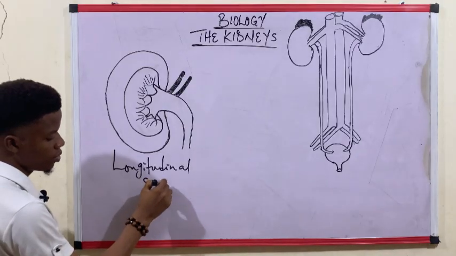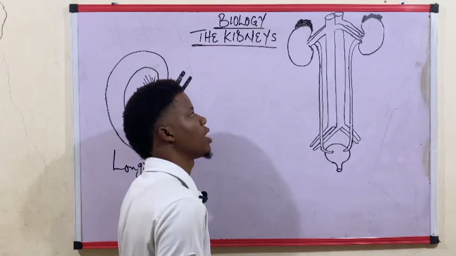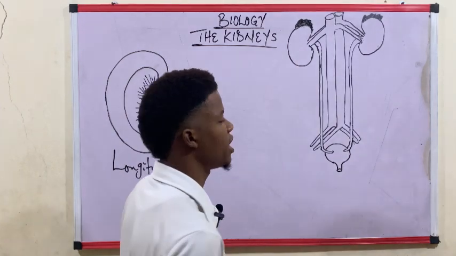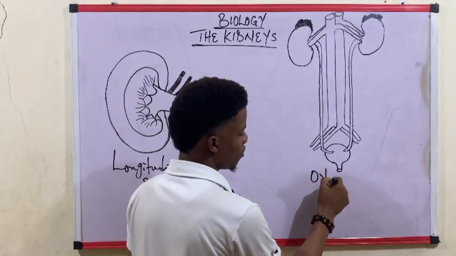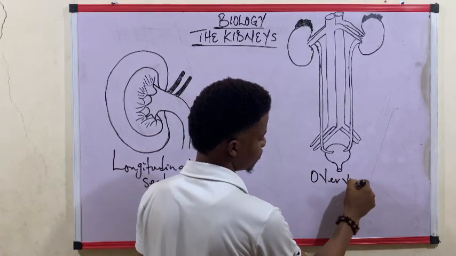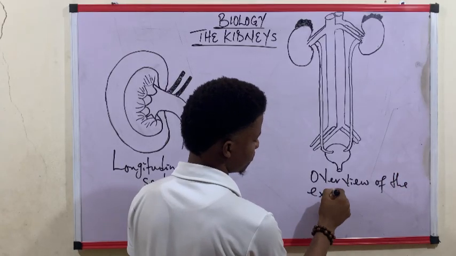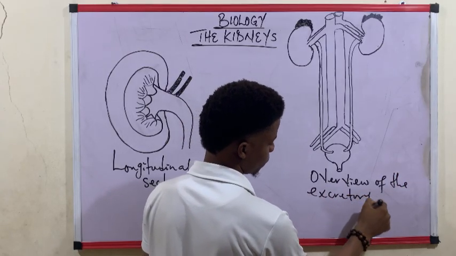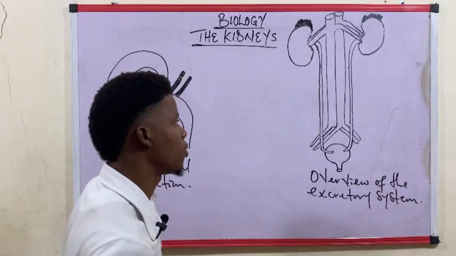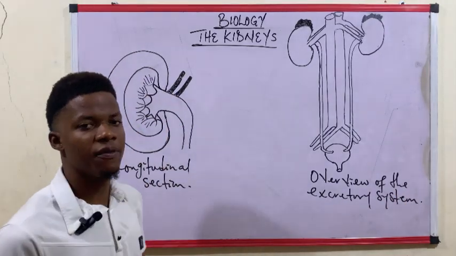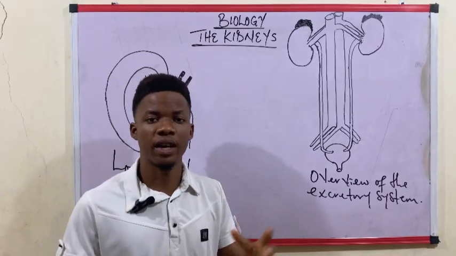Then this is just a general overview of the excretory system in man. So these are what we have. Now let's dive into what the kidneys are and then explanation of these diagrams.